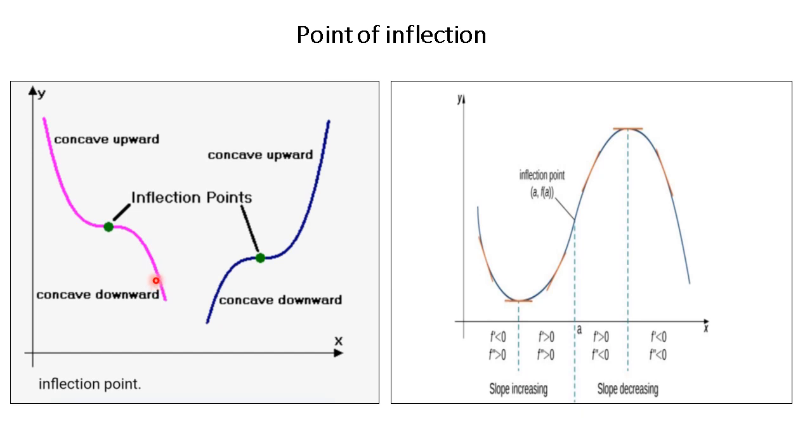Then when the function changes from concave up to concave down or vice versa, the second derivative must be equal to 0 at that point. So concavity changes at this point here.